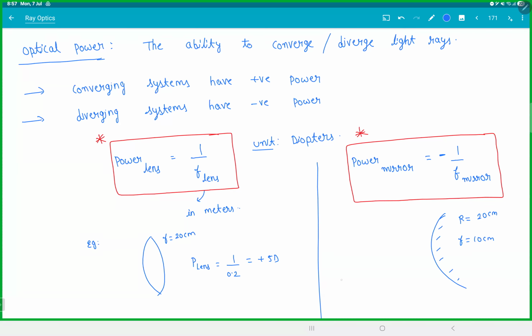You should take it with signs. So the power of this mirror will be 1 by 0.1 with a minus sign, so it's -10 diopters. This is actually a diverging mirror. Clear with this? So be careful with the minus sign. In mirrors there's a minus sign, in lenses there's no minus sign. That minus sign can goof up a lot of things.